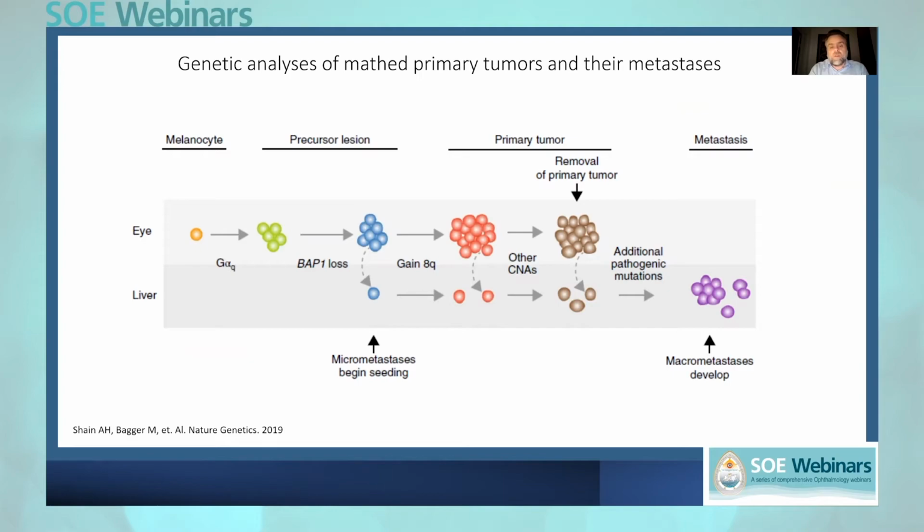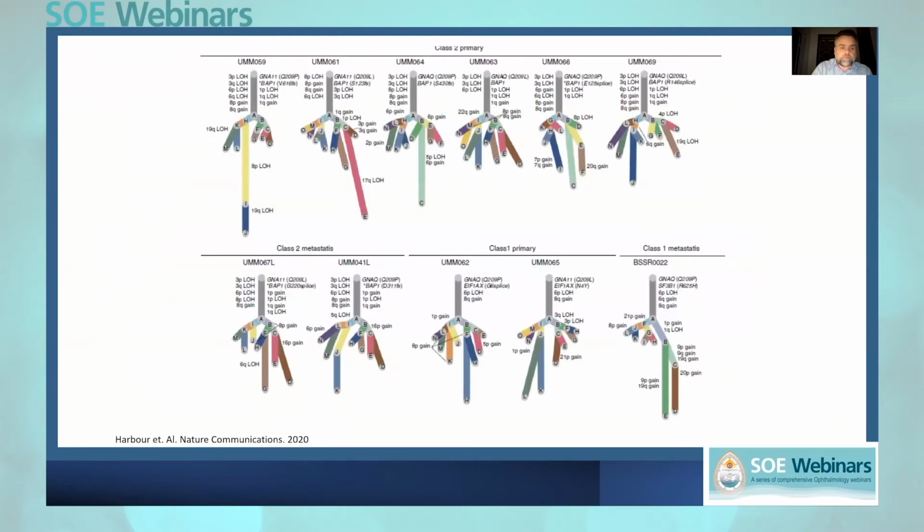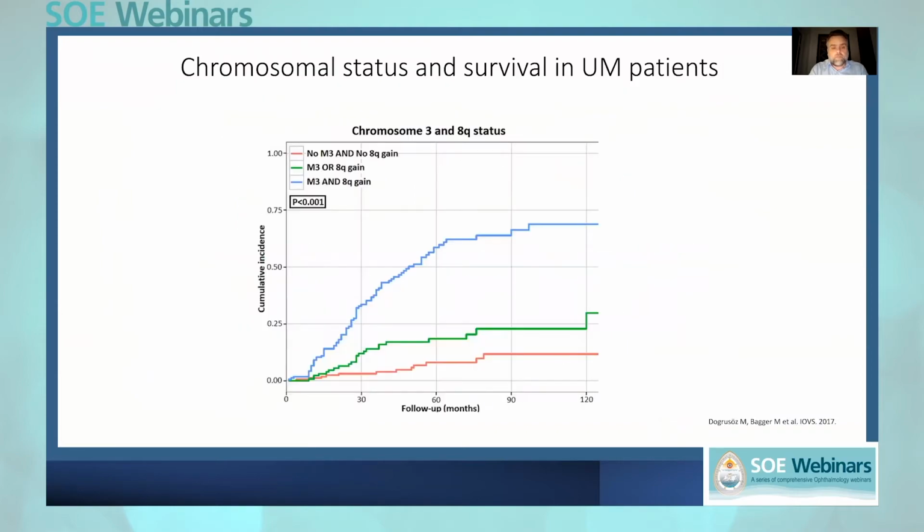But as the tumor evolves, you have more and more metastasis seeding, and eventually you have macrometastasis developing. This hypothesis was confirmed by Bill Harper's group, which also showed that evolution of metastasis happens in a gradual way.